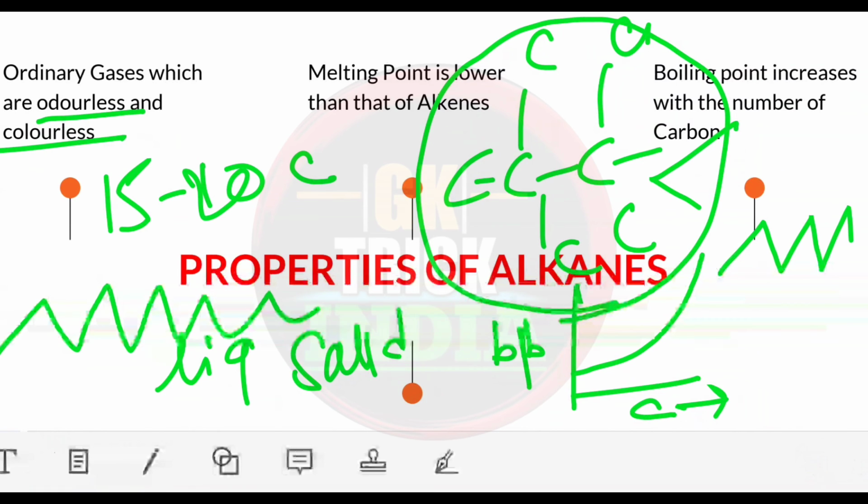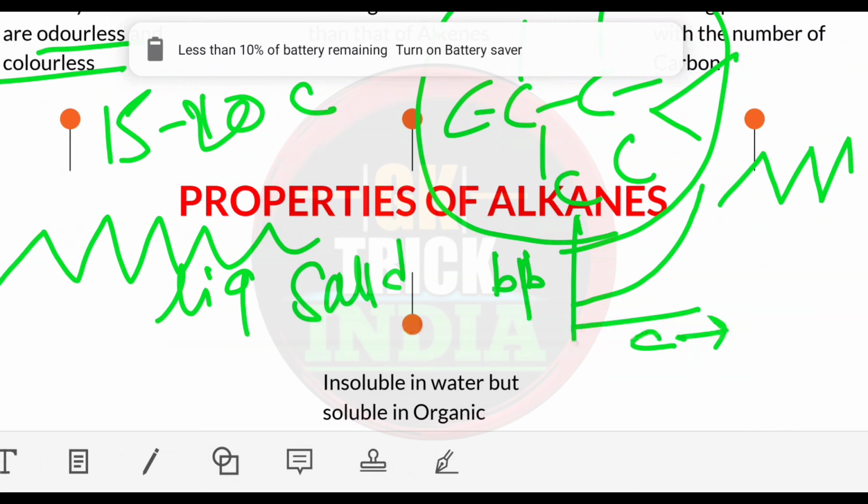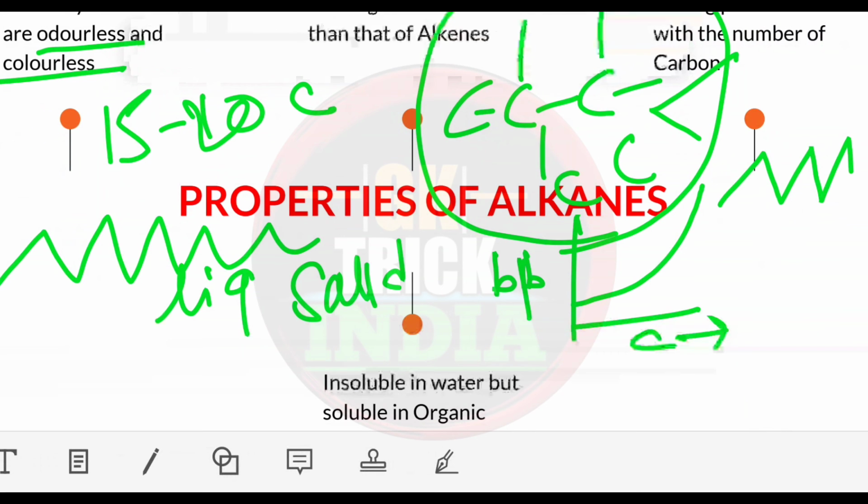And coming to the last property that we are going to discuss, alkenes are generally insoluble in water. If you take a liquid alkane and try to dissolve it in water, you will find it difficult. But take the same amount of alkane or hydrocarbon and try to dissolve it in organic solvents. And what are the organic solvents that I'm talking about?